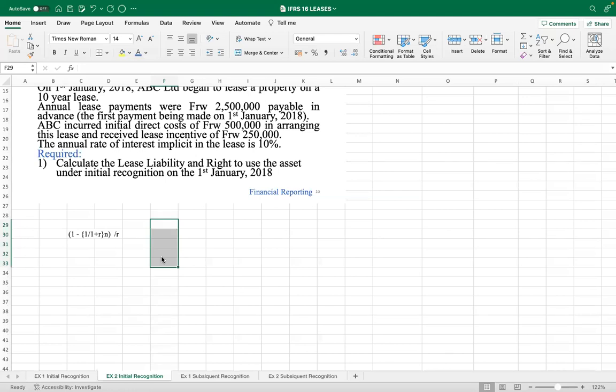I have a calculator with me. 1 minus, into bracket, I'm using a calculator, 1 divided by 1.1, raised to power 9. Everything divided by 0.1.